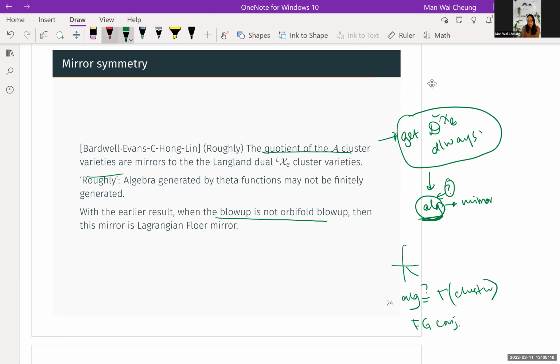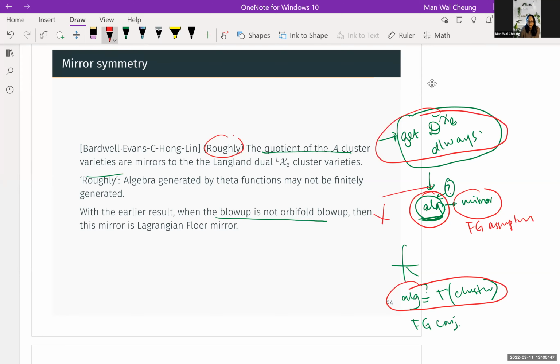So it is this step, getting the algebra to obtain the mirror, that is the roughly part. Under the Fock-Goncharov conjecture or assumption, the algebra coming from the scattering diagram is the ring of regular functions of the cluster variety. But if we forget the algebra, we get the scattering diagram in full generality of rank 2.